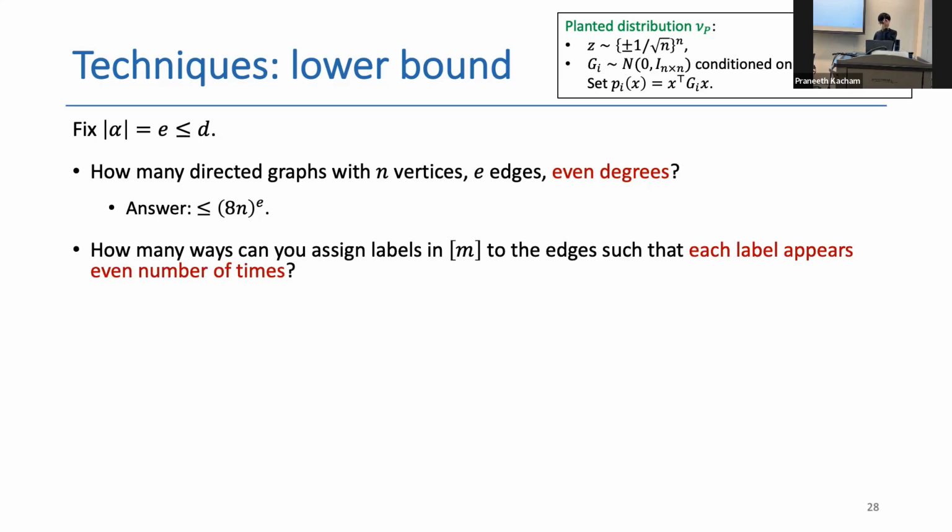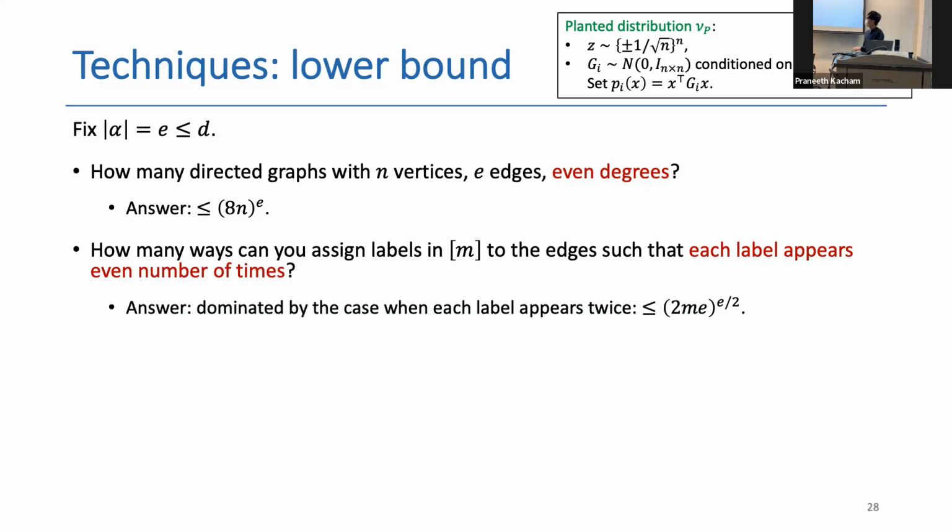And how many ways can you assign labels in M to the edges of the graph such that each label appears an even number of times? The answer is that it's dominated by the case when each label appears twice, and this is bounded by 2me to the E over 2. So you see that the scary looking summation before really reduces to simple combinatorial problems that we might see in homeworks. I'm sure these constants can be optimized, but we don't really care about constants here.